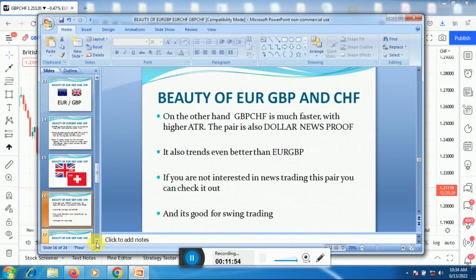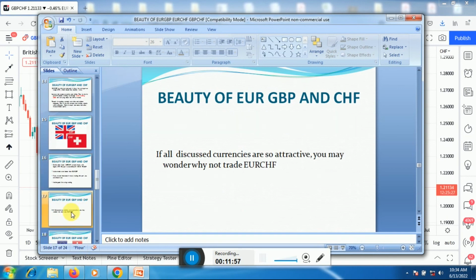So if we are looking at these other pairs, because we have discussed EURGBP, we have discussed GBPCHF, if they are really that attractive, why am I not putting EURCHF in this name?